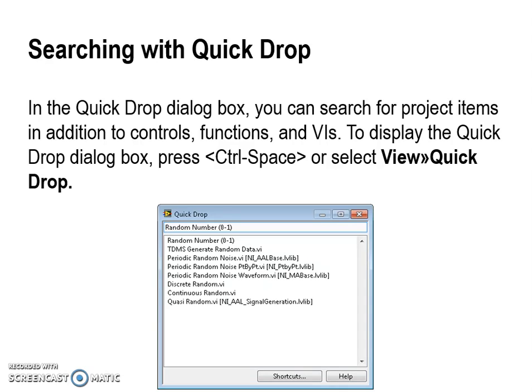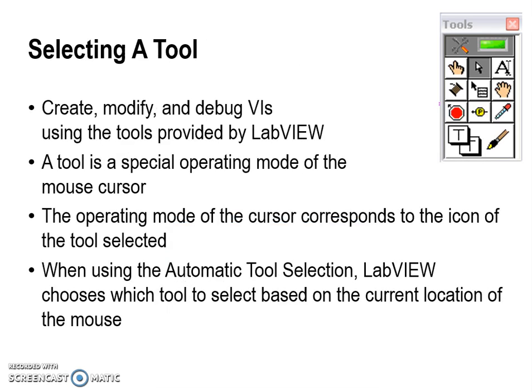Here, it seems that someone searched for random, and all of these were the results that came up. If I wanted to use the random number generator, I could simply pick this up and drag it over to the block diagram. Or if I double-clicked it, it would take me to the correct area of the palette where it resides. Either way, I'll be able to find what I'm looking for.